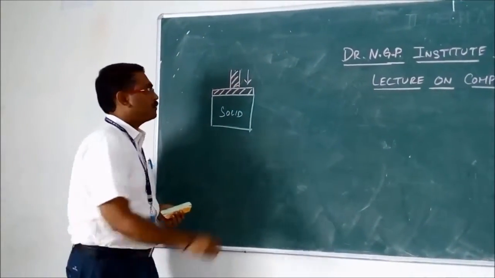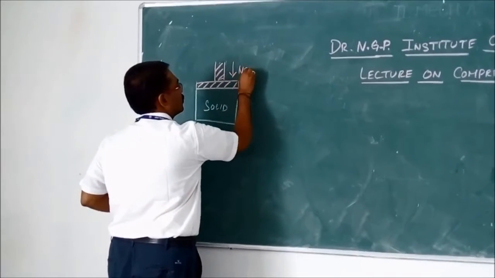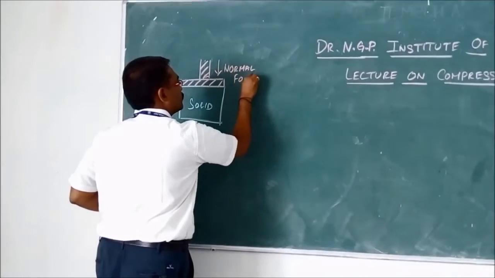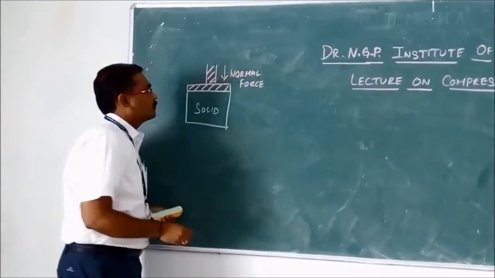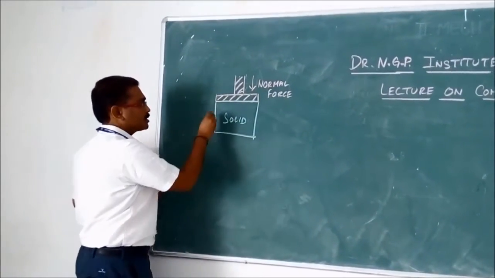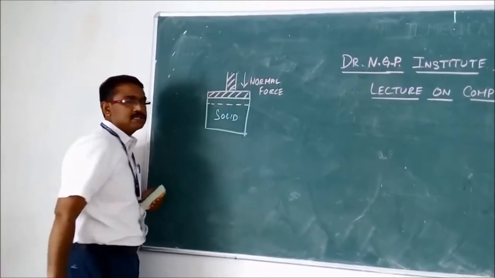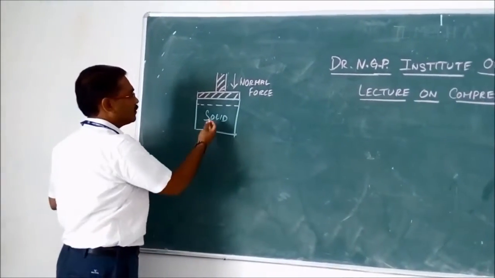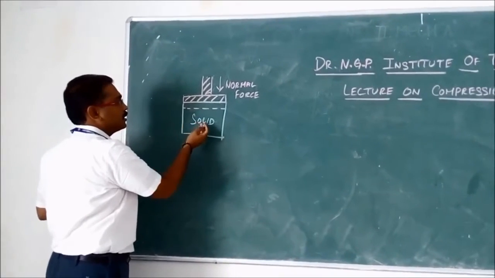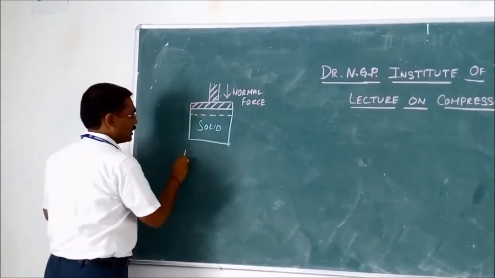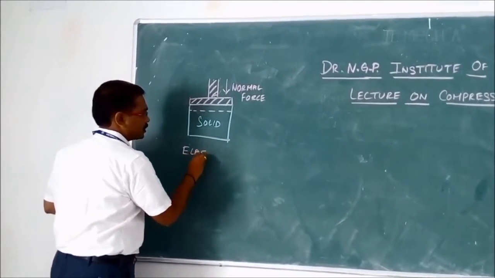Because of this normal force, the object starts deforming till the elastic state. Once the force is removed, the object regains its original shape. This is called the elasticity of an object.